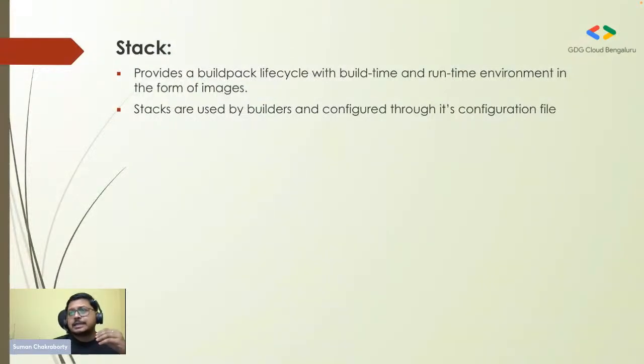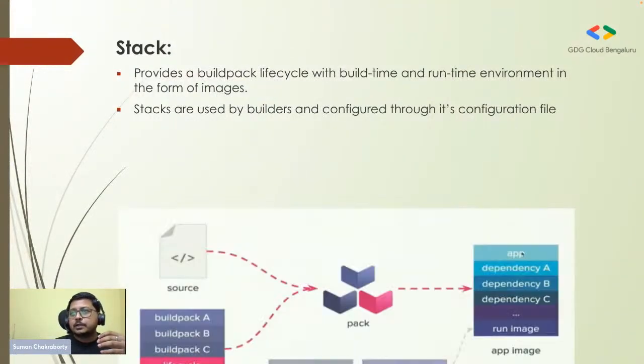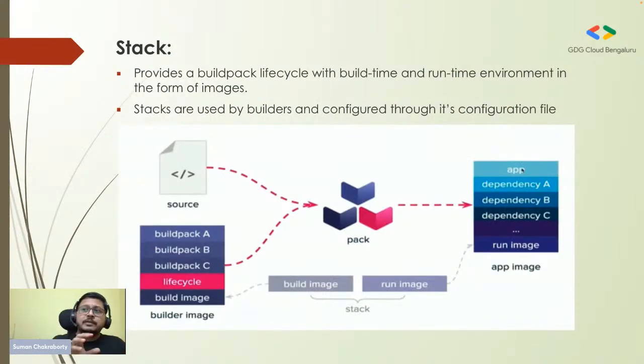So coming to something called a stack, which is quite relevant to understand because it forms the core of the buildpack lifecycle. A stack is nothing but it contains the build image and the run image together. The stacks are basically a combination of a builder image, which contains the image needed to construct the build environment where your lifecycle is executed.